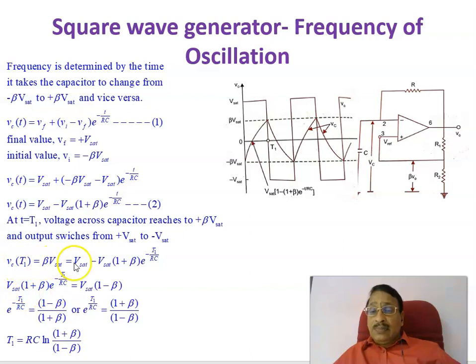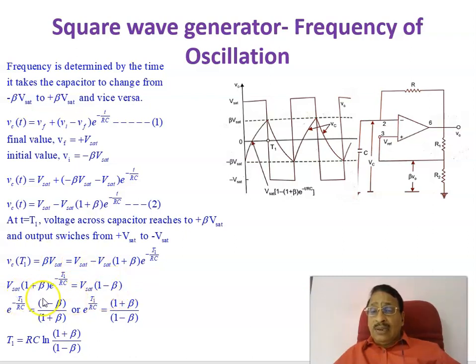Therefore, substituting in this equation, V sat into (1 plus beta) times e raised to t1 by RC equals V sat into (1 minus beta).